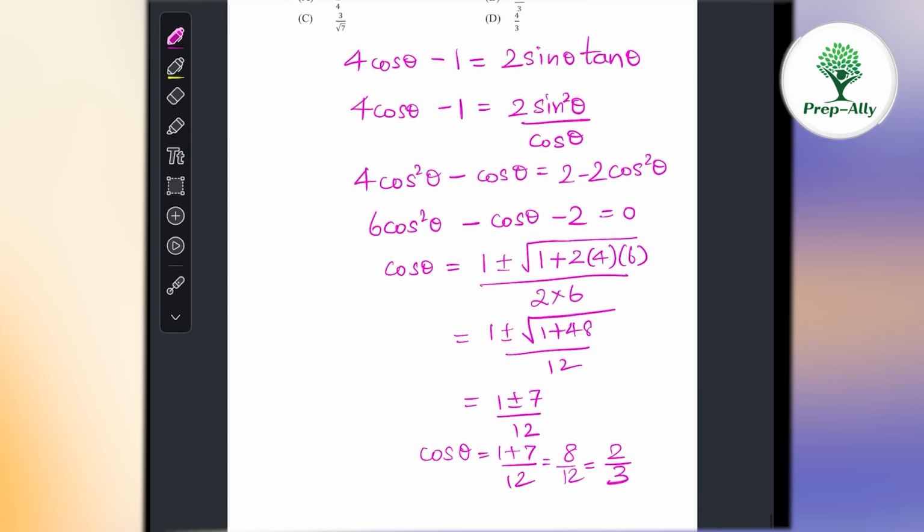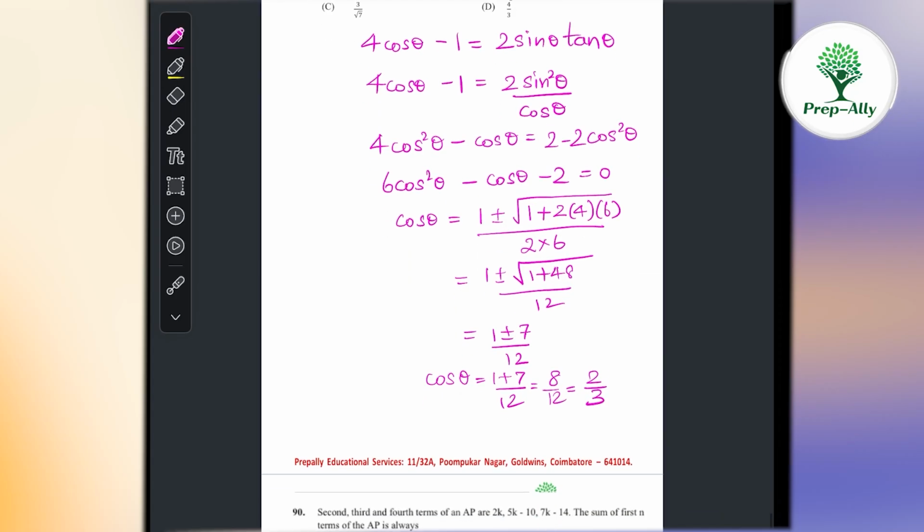So we're asked what the value of tan theta is. So sin theta equals square root of 1 minus cos squared theta, that is 4 by 9.